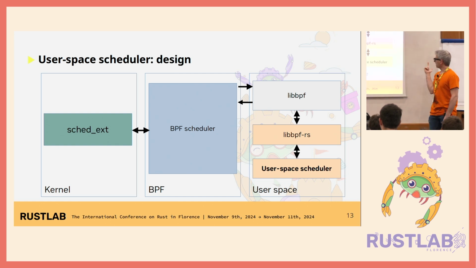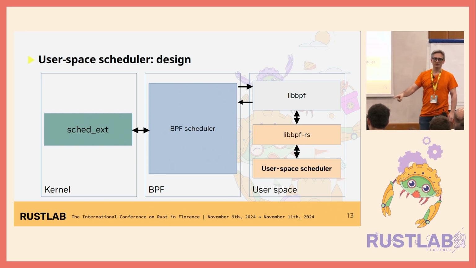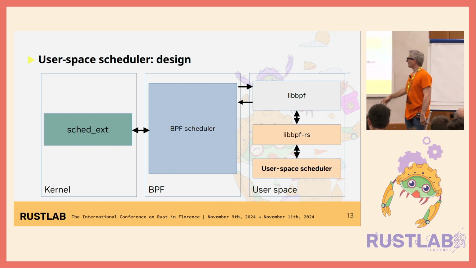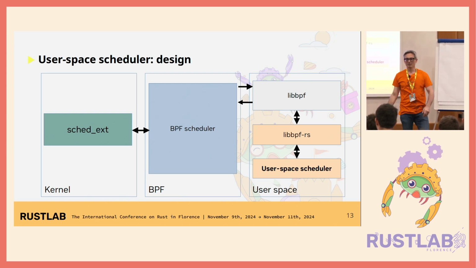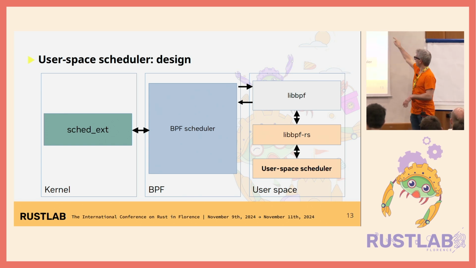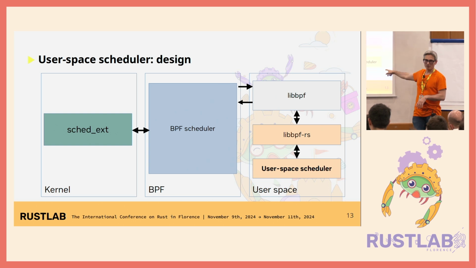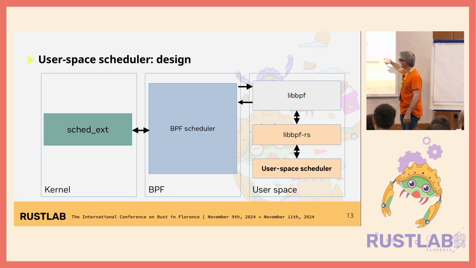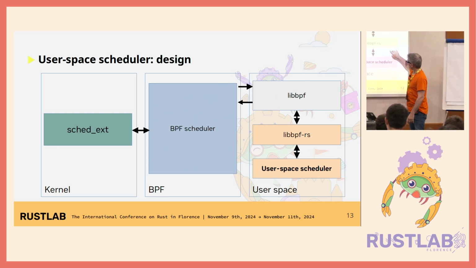We're actually planning to do some experiments with Aya. So replacing this part right here and this part right here with just one object. So it's going to be like BPF virtual machine and a Rust library and the user space scheduler that is going to be Rust. So right now, the brownish boxes are pure Rust code.